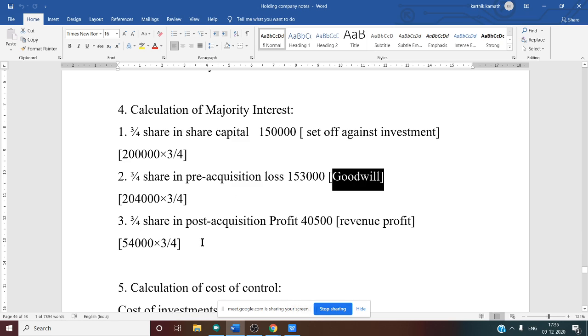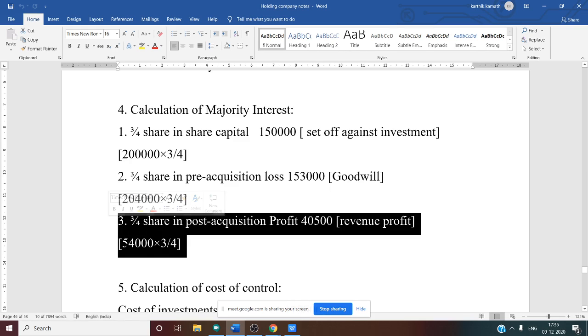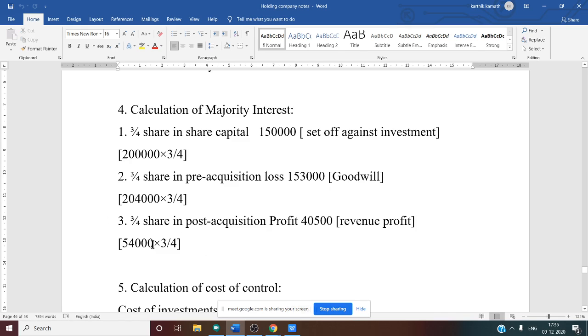Next, there is no post acquisition reserve, and no pre-acquisition reserve. Next thing you have to determine is 3 by 4 share in post acquisition profit. Post acquisition profit we know is 54,000 by the previous working note, into 3 by 4. So your answer is 40,500.